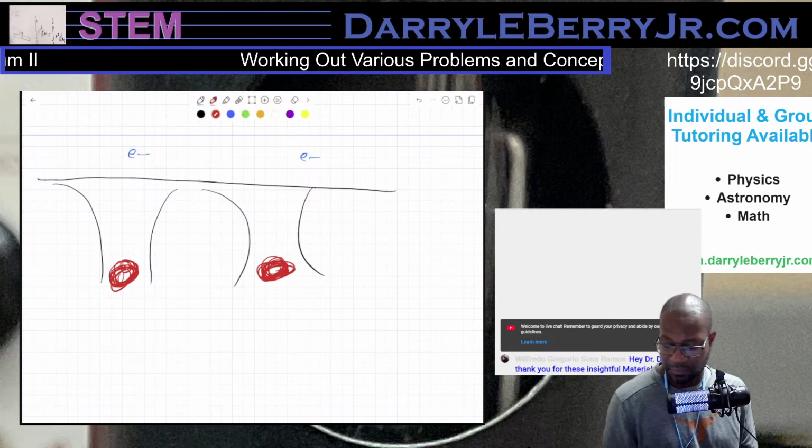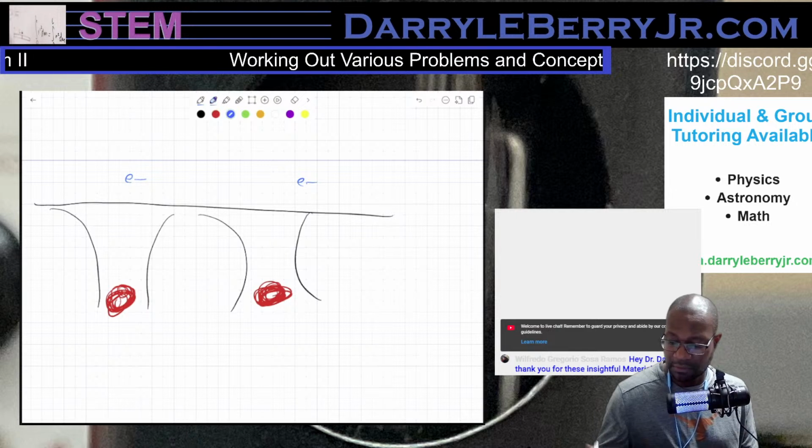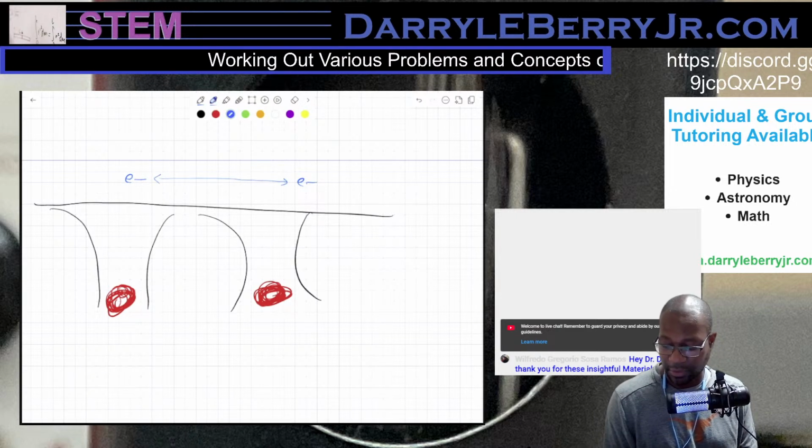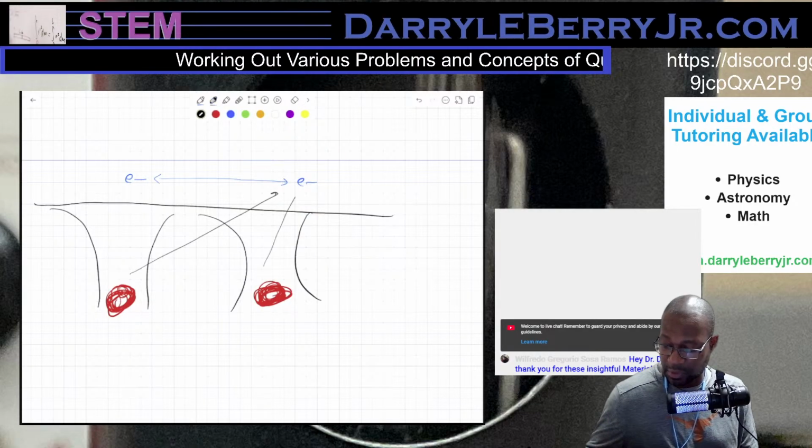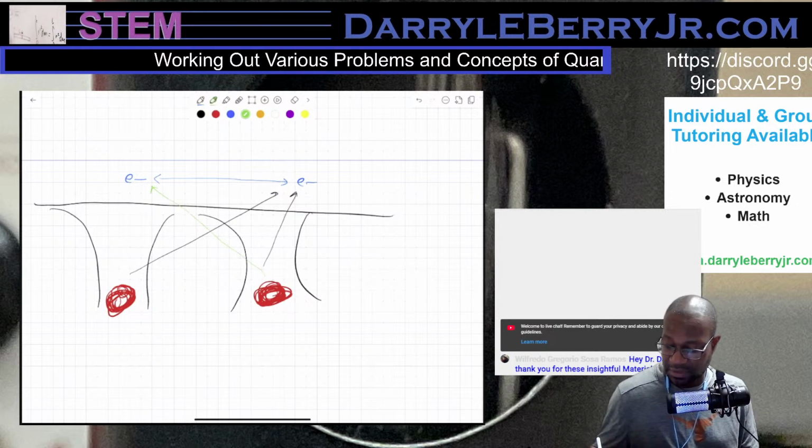So basically what's going on here is like we talked about before, these electrons will be repelling each other, so the direct term will take care of that. But these protons will be pulling on each electron, so thus we have these exchange terms going on.